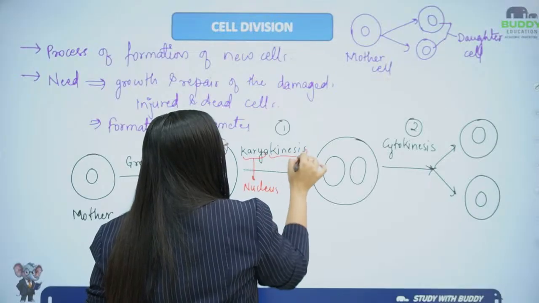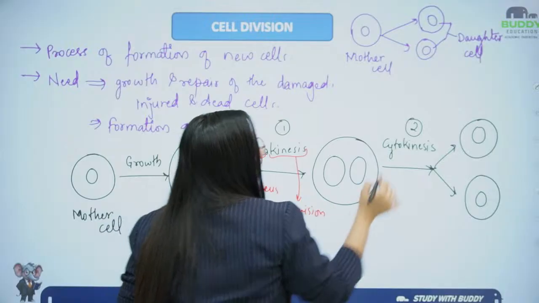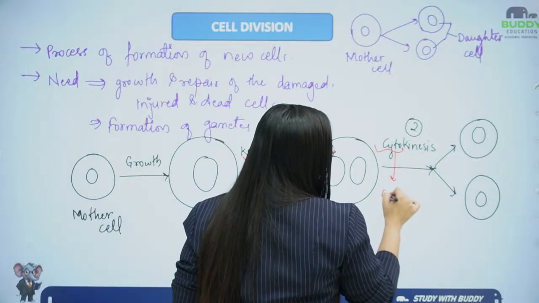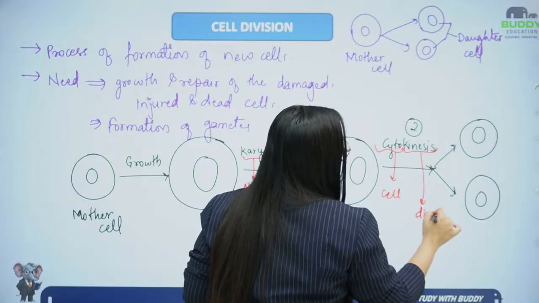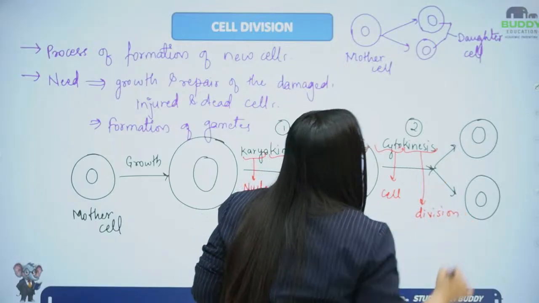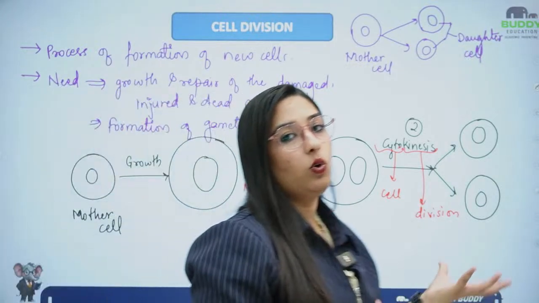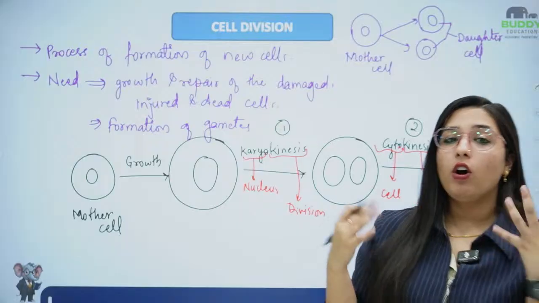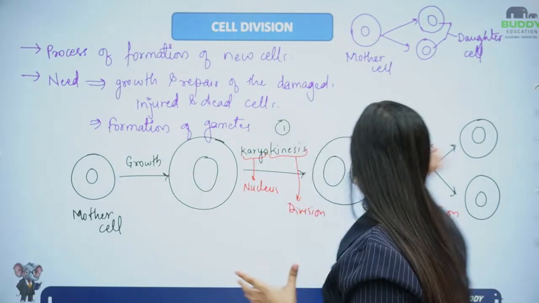Cyto means cell and kinesis means division. With the help of this, you can easily understand what karyokinesis and cytokinesis mean.